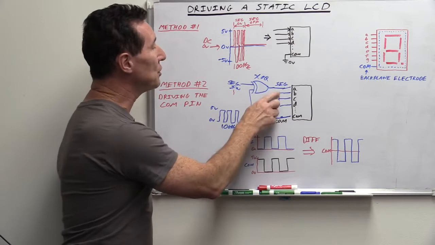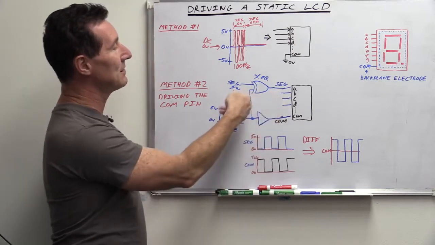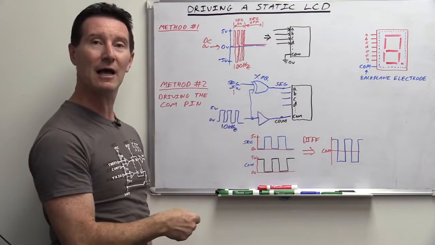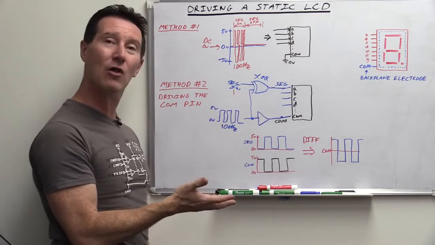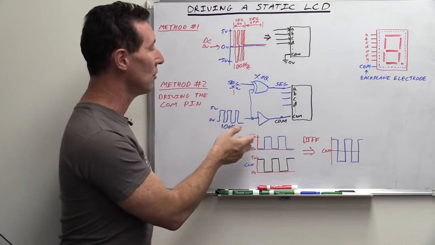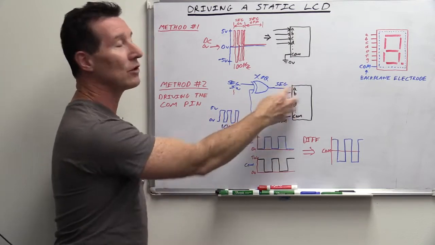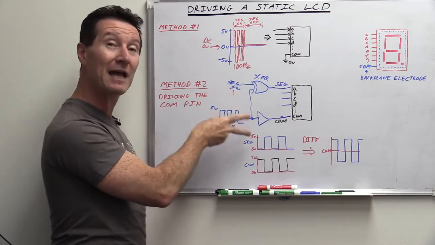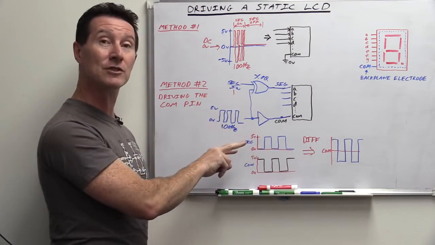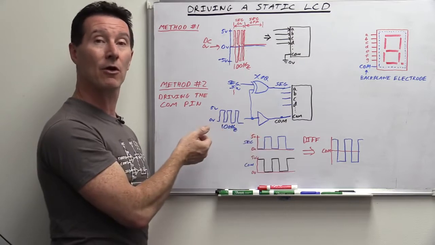Awesome! And of course you would do that for as many segments as you have in there. You just need those controlled XOR gates in there, or if you're driving this from a microcontroller, for example, an intelligent logic device, you would just hook these straight up to the pins and then you could generate the required in-phase and out-of-phase signals directly on your microcontroller pins.